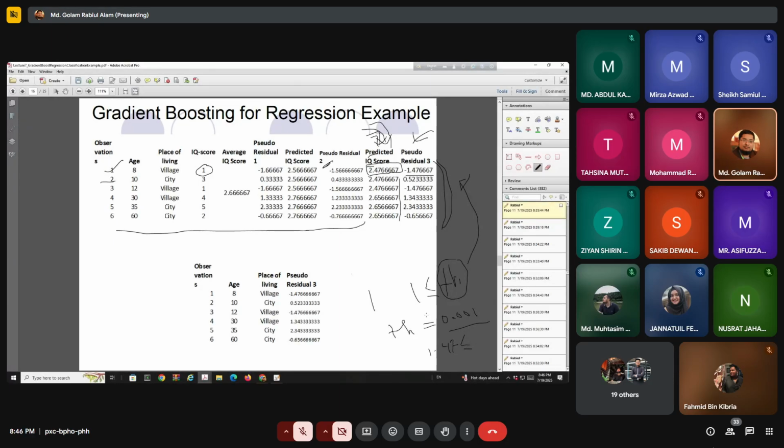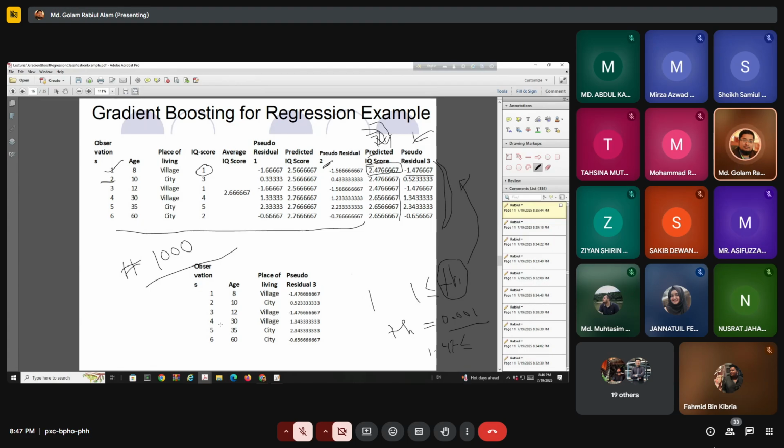In this way, we can find out our gradient boosting regression. One of the stopping criteria could be the threshold, and another stopping criteria could be how many boosting trees you want to construct. Maybe the number of boosting trees you construct is 1000.